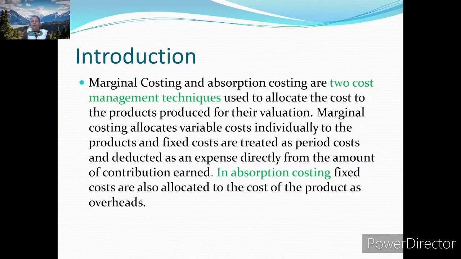Then the second most important point to remember: marginal costing allocates variable costs individually to the products, and fixed costs are treated as period costs and deducted as an expense directly from the amount of contribution earned. This is the introduction part of marginal costing and absorption costing.